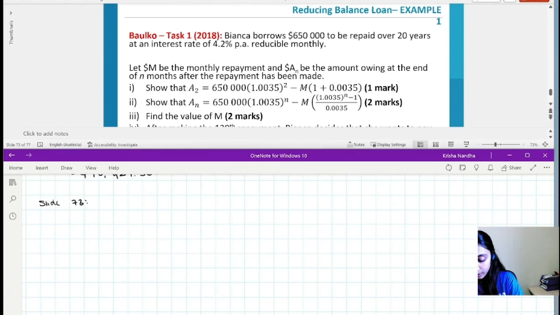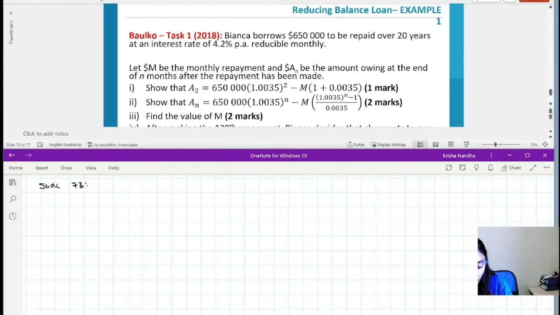Okay. So the very first step is to just take a look at all of our variables first, right? So our principal is $650,000.